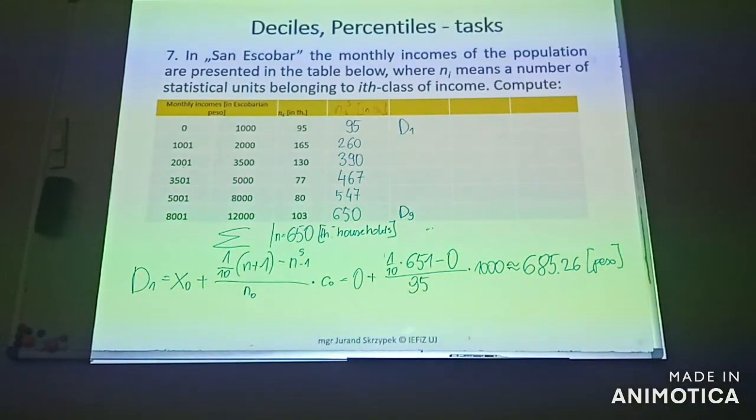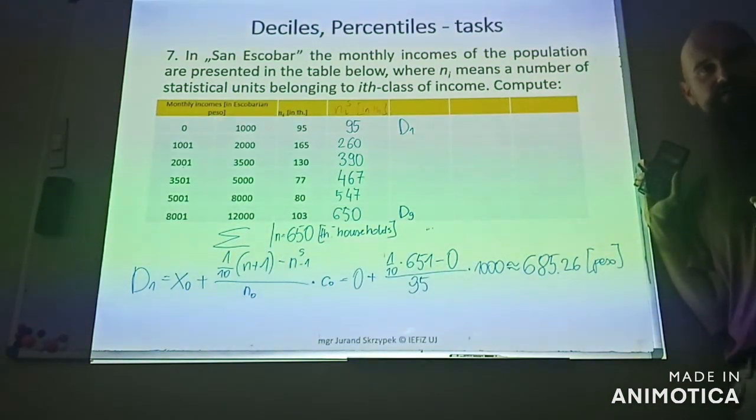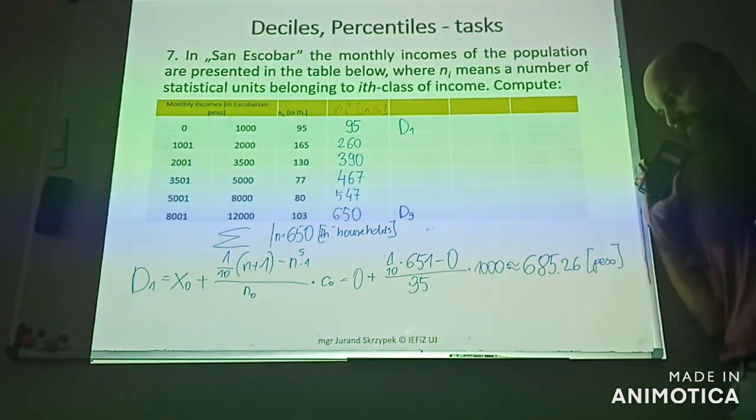This is the income that characterizes the 10% of the poorest households. Their incomes do not exceed 685.26 peso.